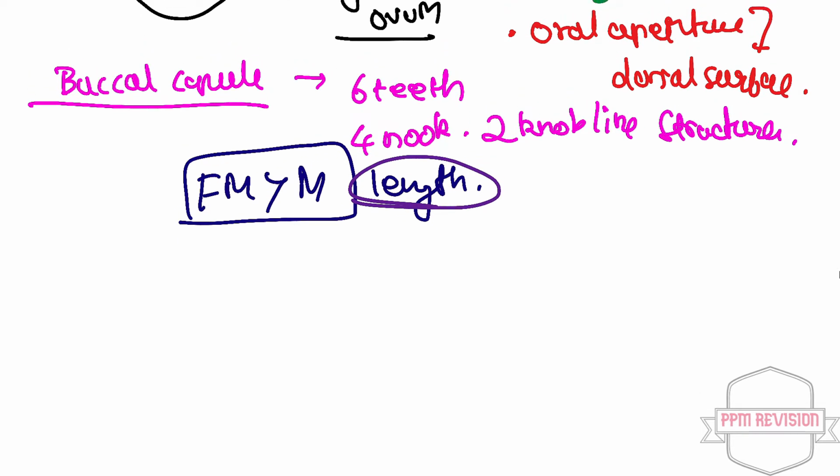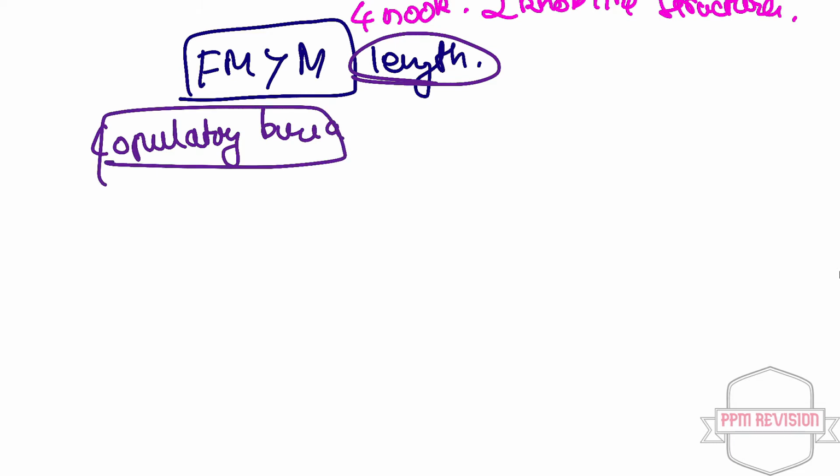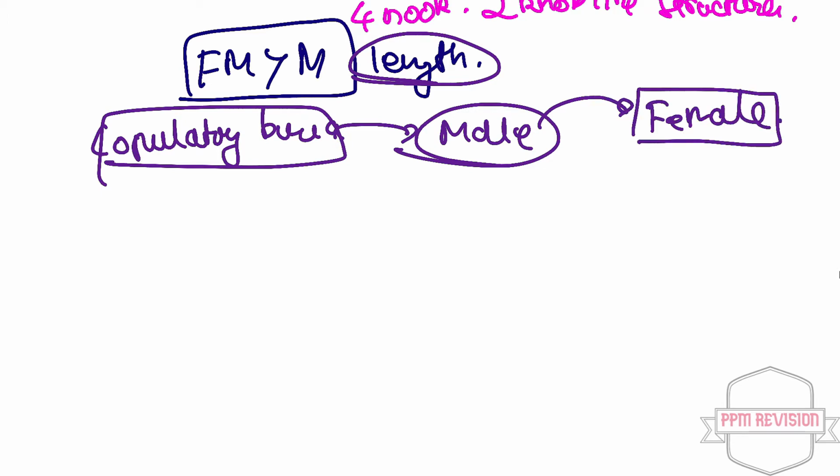Next we are looking at the copulatory bursa. It is the structure in males that is present for the attachment of the female during copulation, and it has 3 lobes.